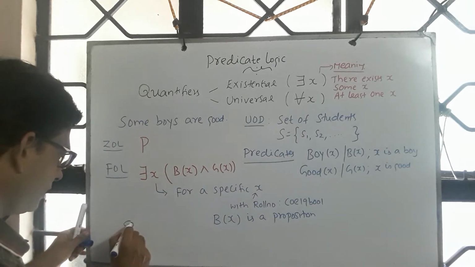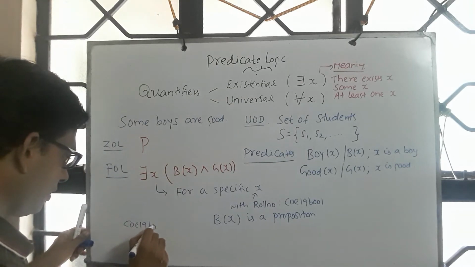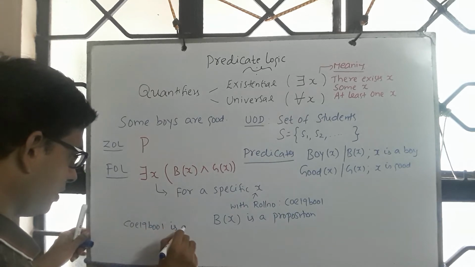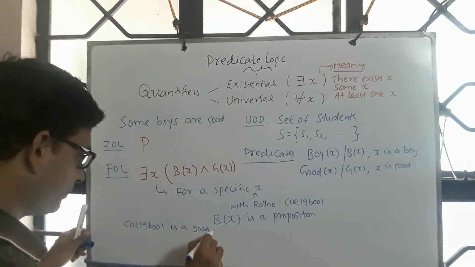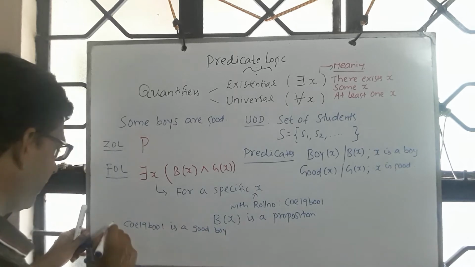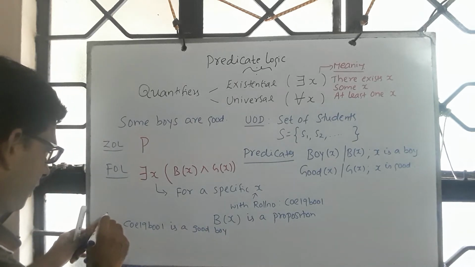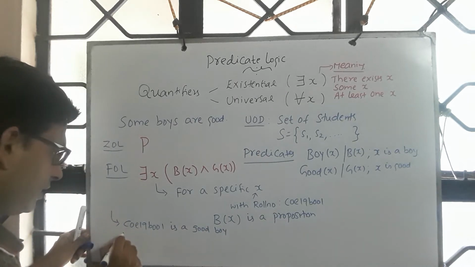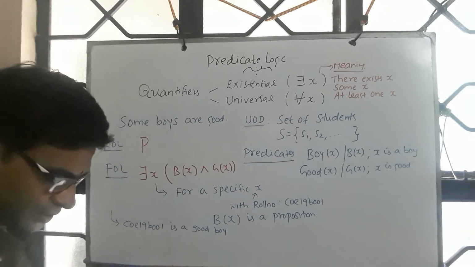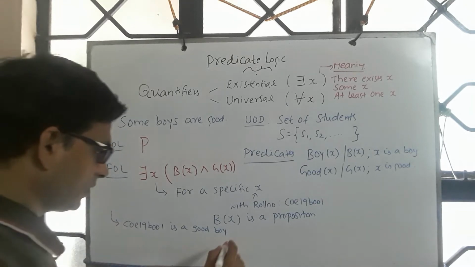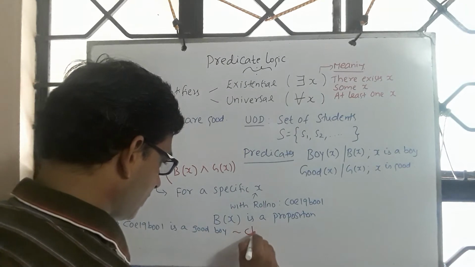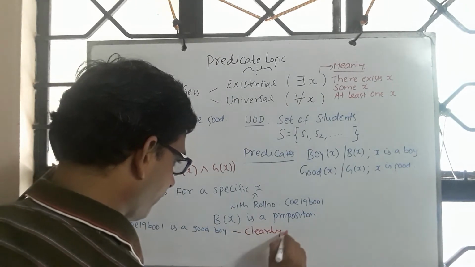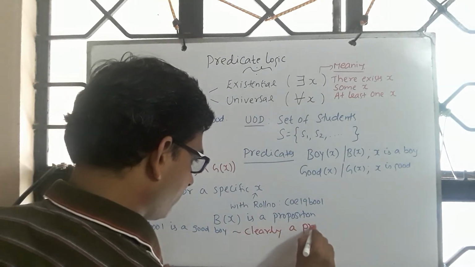So you say COE 19 B001 is a good boy. Okay. And if you look at this statement, this is clearly a proposition.